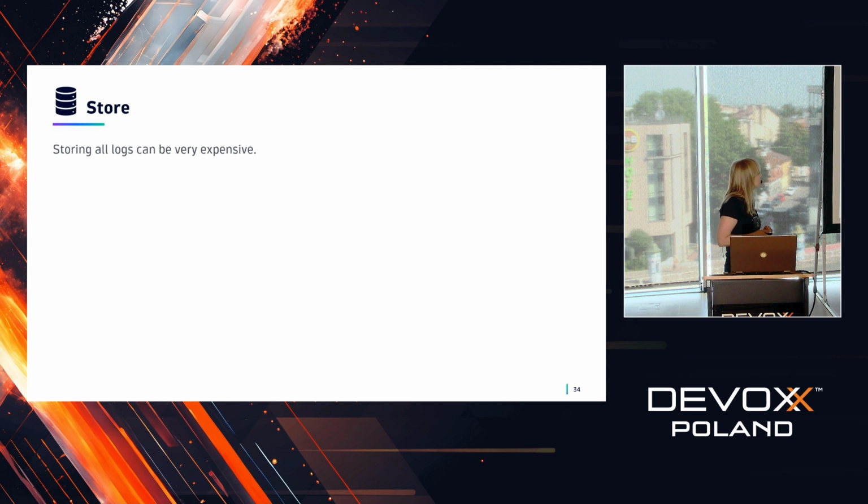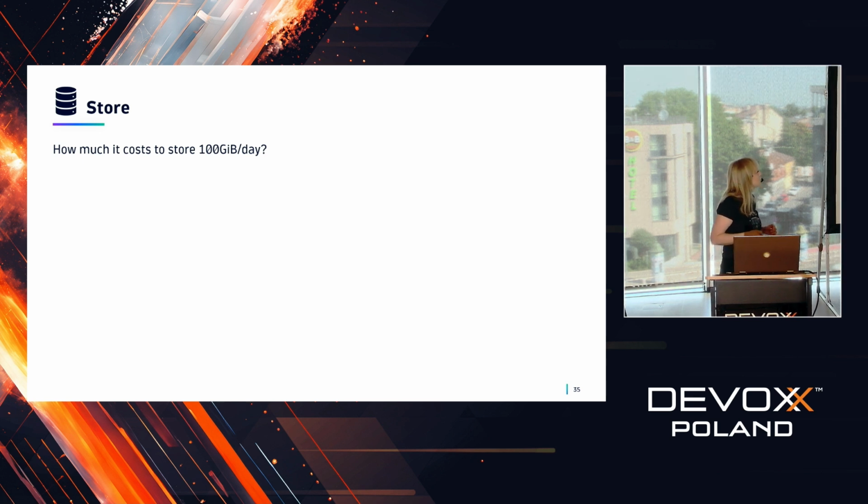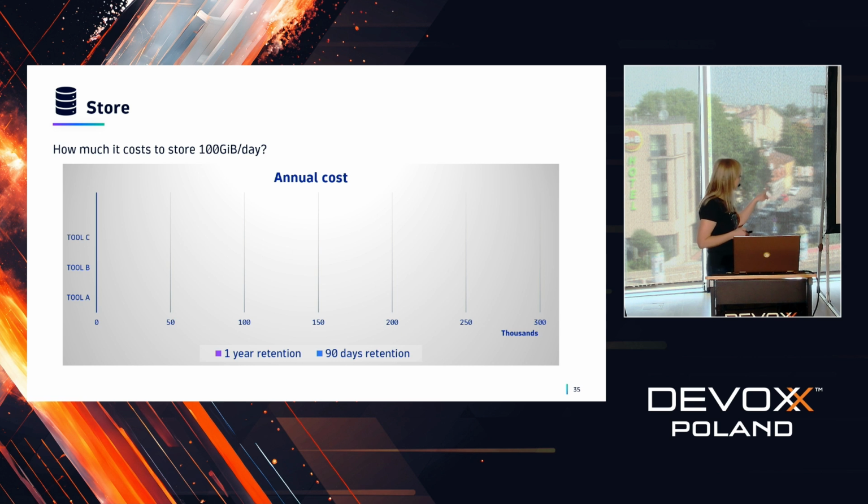So there is one catch about storing the logs. It can be very expensive. So what does this mean? I did a small research to check how much it would cost to store 100 gigabytes of data each day for 90 days and for 1 year.